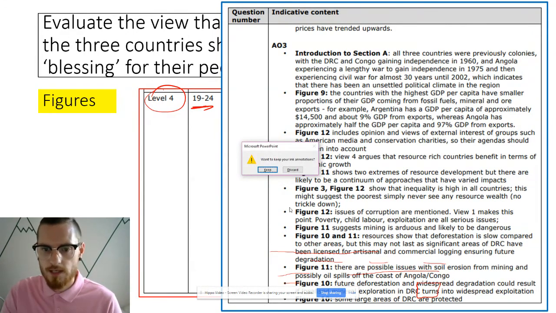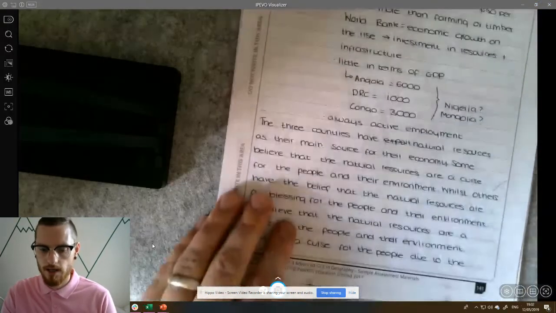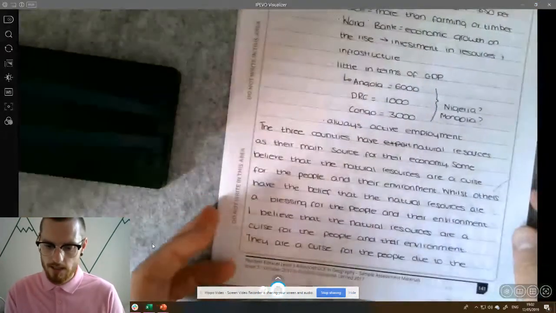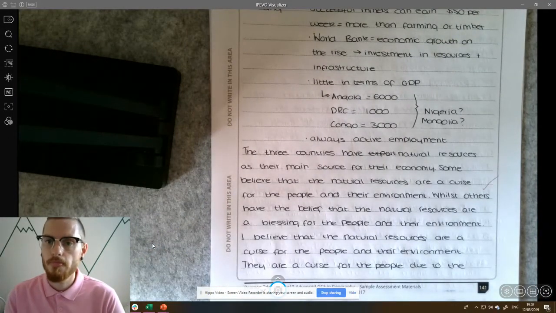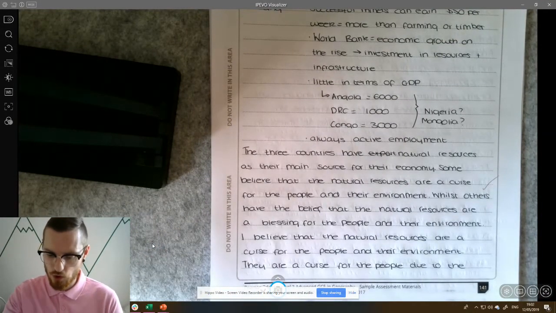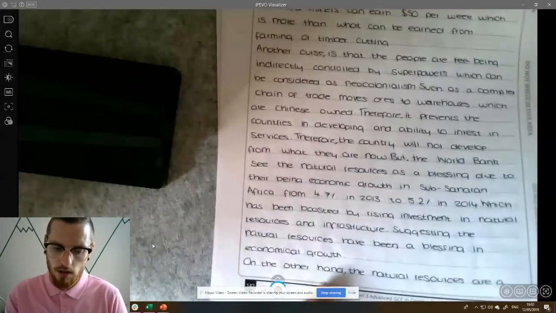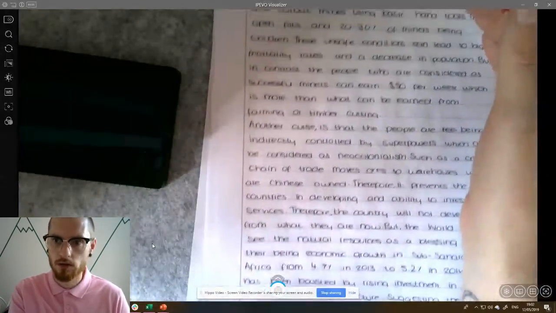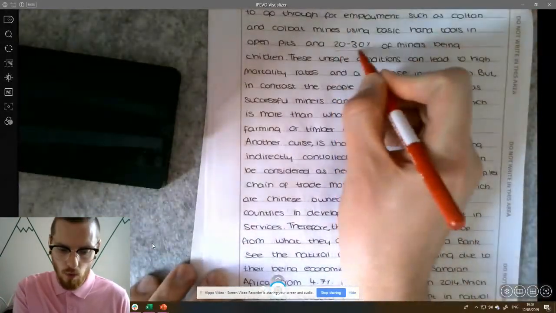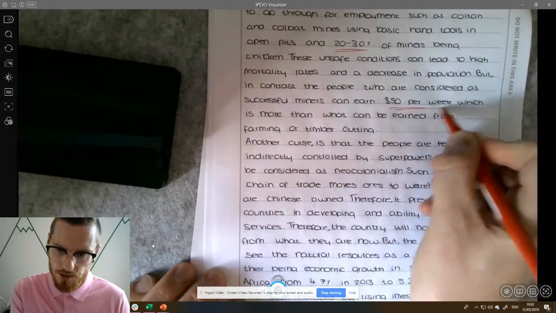This is a student's 24 marker here, and it's good. It's 18 out of 24. My issue here was that the student clearly uses the resource booklet. Up here, I've got them quoting 20 to 30% of minors, $50 per week.